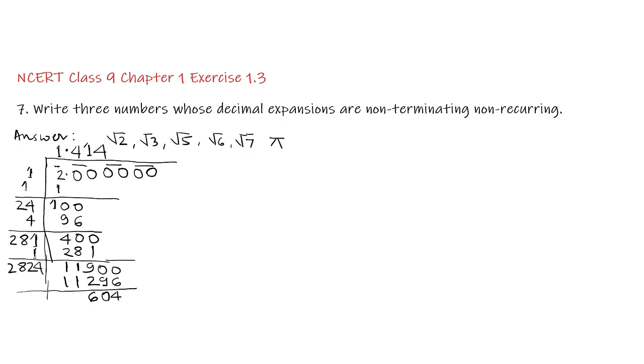Similarly, we can find the value of root 3. So we are finding the value of root 3. So we make the pairs after decimal of zeros, as we have to find the value up to 3 digits after decimal. So we are taking the 3 pairs of zeros. We put 1 in quotient and 1 in divisor. 1 times 1 is 1.